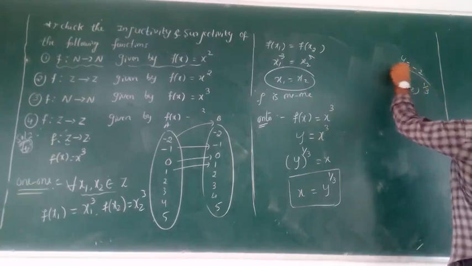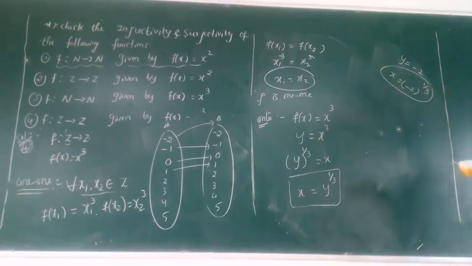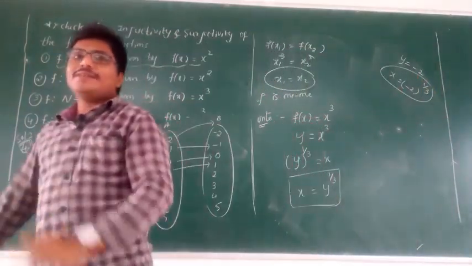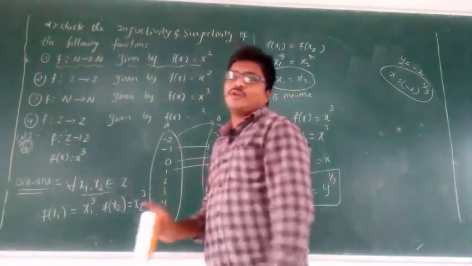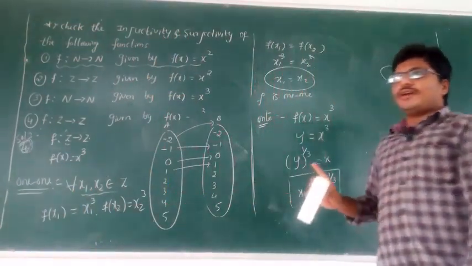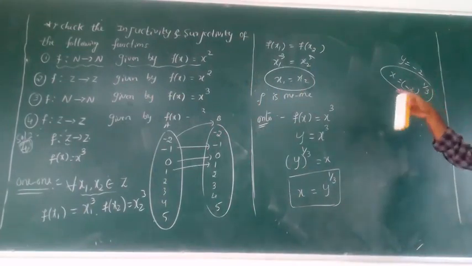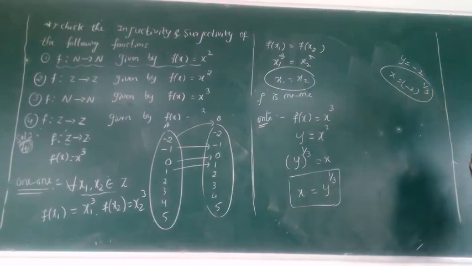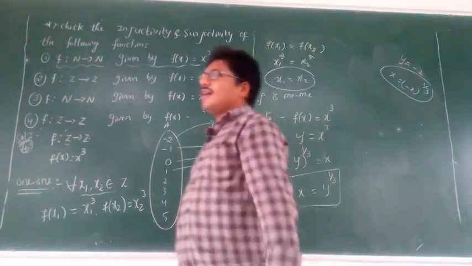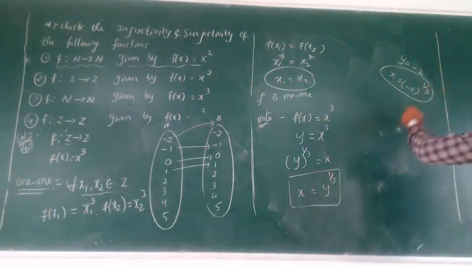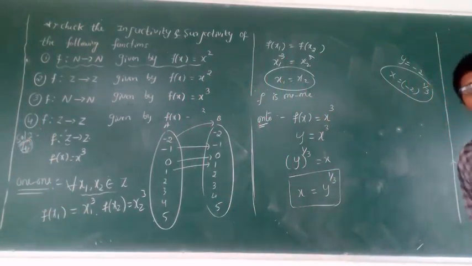This gives a decimal number, a negative decimal value. This is not present in the A set, because the A set contains only whole numbers, negative whole numbers and positive whole numbers. That's why it is not an onto function.